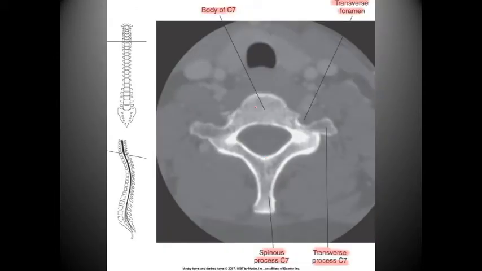Here is C7. Thus we have the internal jugular and common carotid being here. The transverse foramen.